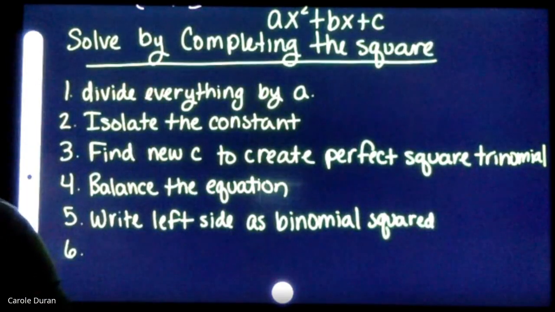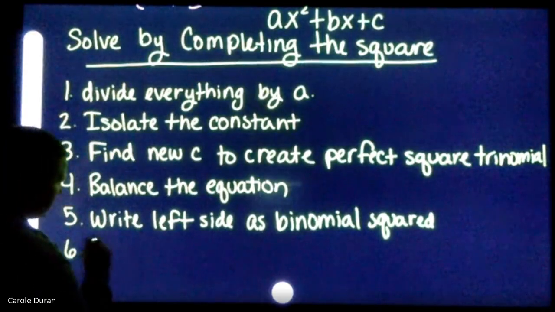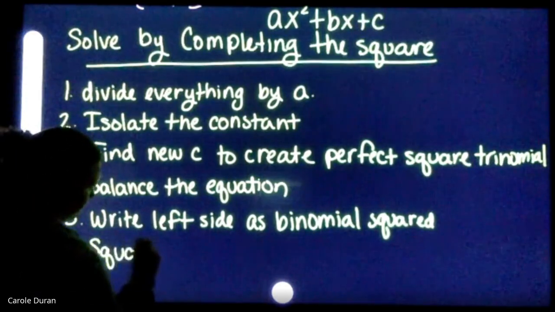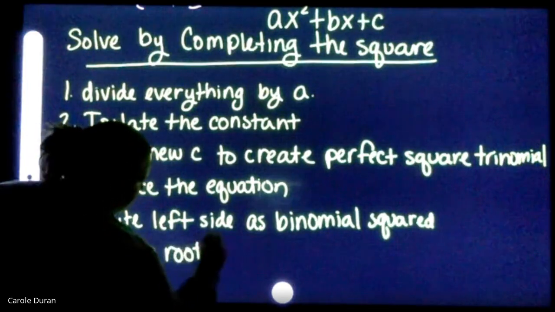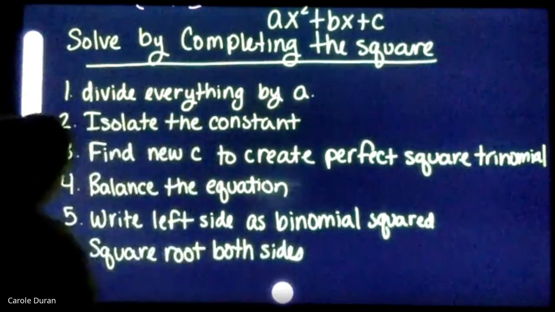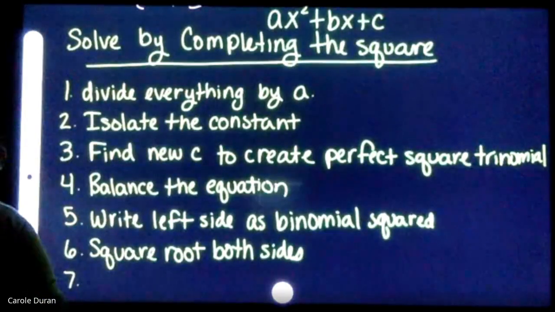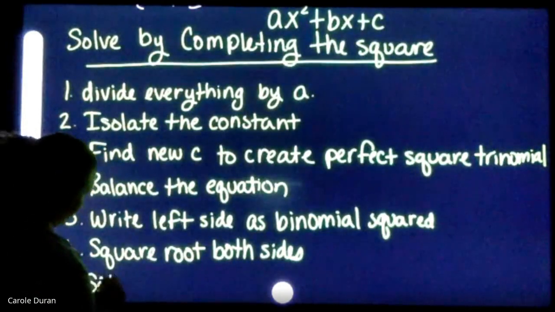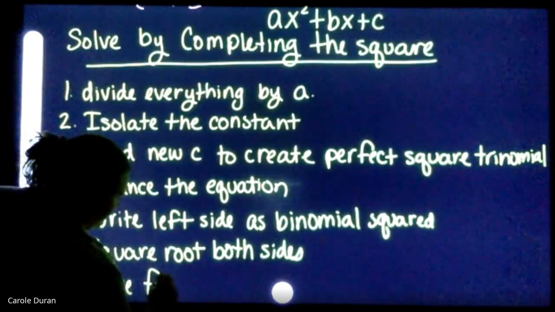Step 6, square root both sides of the equal sign. And then step 7 is to solve for x, or whatever our variable is.